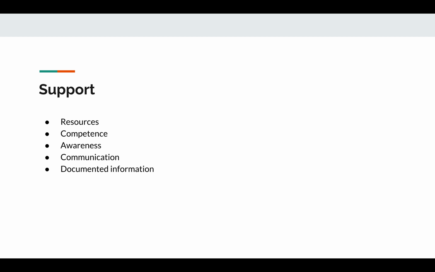Then for the people who are doing work, who do the operation, they need to have some awareness. People doing work under the organization's control shall be aware of the information security policy.